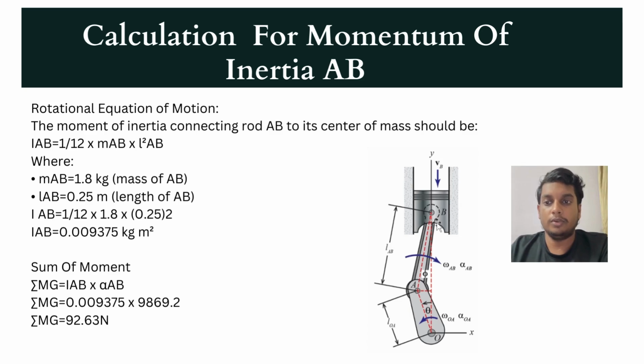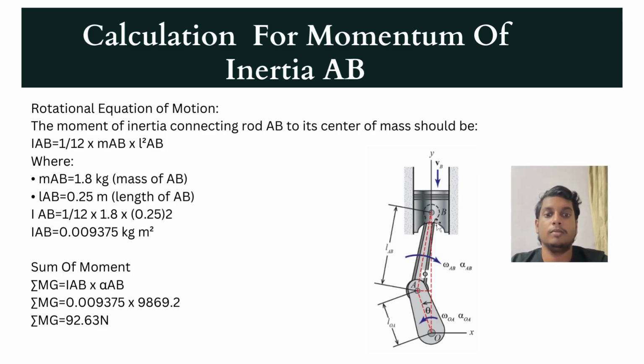So 1 over 12 times 1.8 times 0.25, which is the length, to the power of 2, we get 0.009375 kg meter squared. From this whole calculation, we get the sum of moments. The sum of moment, IAB, we multiply with acceleration AB. From the value just now, we multiply with acceleration AB, and we get a total value of 92.60 Newton.